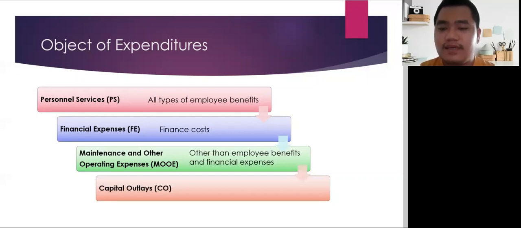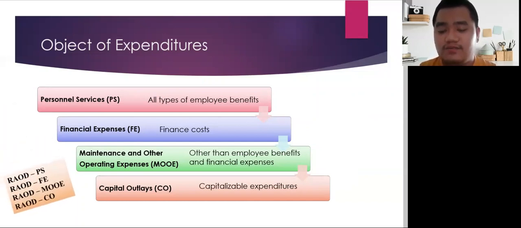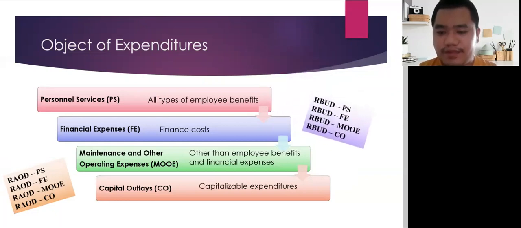Lastly, we have Capital Outlays, or CO. These pertain to capitalizable expenditures, such as the construction of public infrastructures or the acquisition cost of equipment. Now, for our RAOD and RBUD, we have to maintain a separate registry for each object of expenditure.